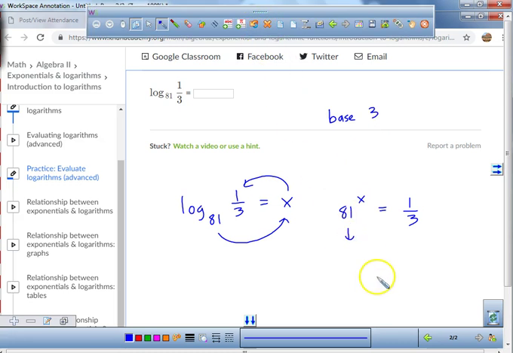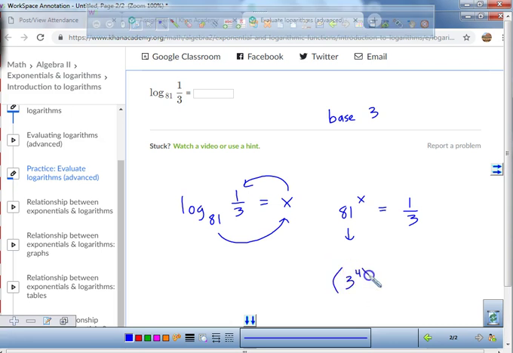Now, if I knew this, I made a little chart in my journal. I could say, ooh, I know 3 to the power of 4 is the same as the number 81. And if I made my little chart of powers, I know that 1/3 can also be converted to 3 to the power of -1.